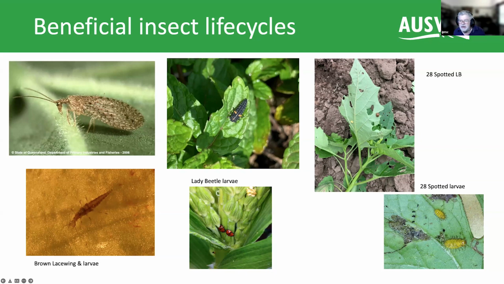The 28 spotted ladybird is a large orangey colored ladybird with multiple dots on its back, and its larvae are quite distinctive, these yellow orangey spiky looking things. They particularly like cucurbits and can be a problem in zucchini and other field cucurbits, pumpkins, and such like.